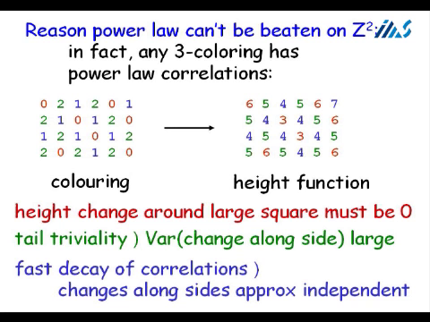Okay, so anyway, this is a well-known height function. And we're going to show that if you have any FFIID 3 coloring, the variance in the heights is going to have to be bounded if you have better than power law correlations. And this is going to ultimately lead to a contradiction.